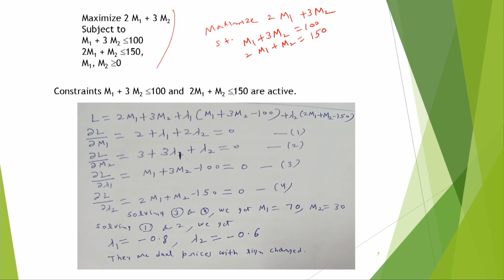We say it is equivalent because these two constraints are active. I am not even writing m1, m2 greater than 0, because writing it or not writing it doesn't affect anything. Whatever the solution is, it is far away from the 0 line, far away from 0 quantity. Therefore it is as if that constraint is not there.